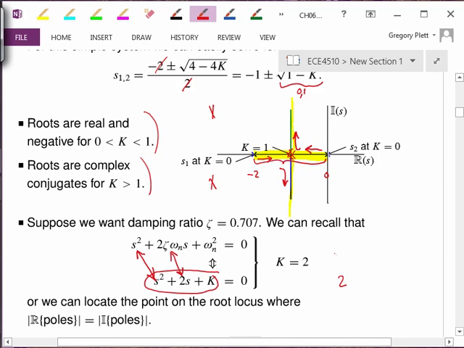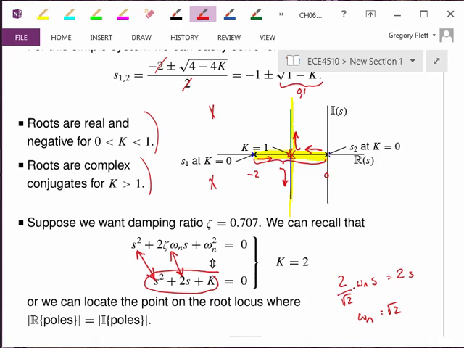So 2 times zeta times omega n, that is 2 over root 2 times omega n, must equal 2. So that tells me that omega n must be root 2. And if that is the case, then omega n squared must be 2. And so I have this correspondence right there, k equals 2.